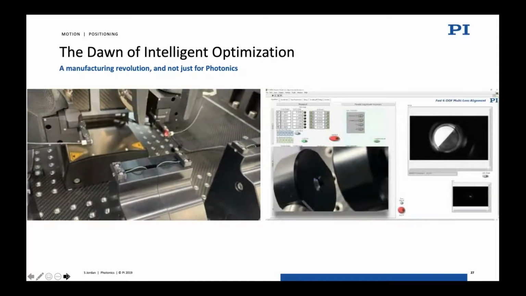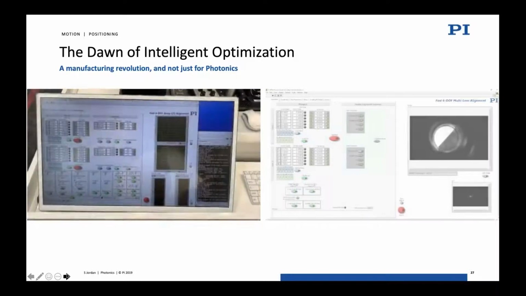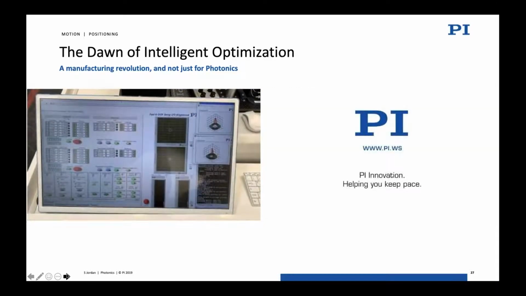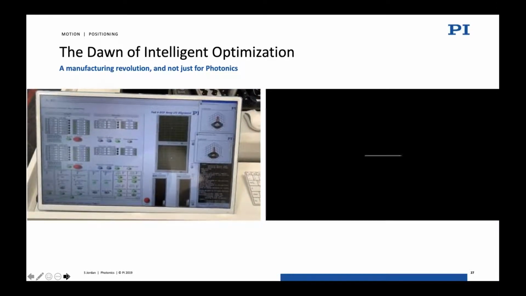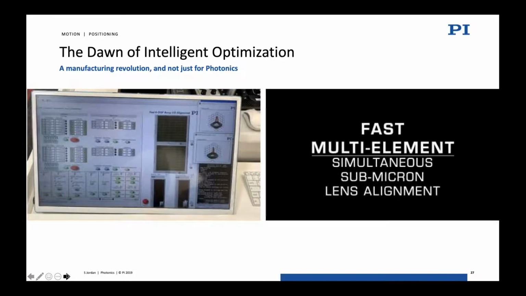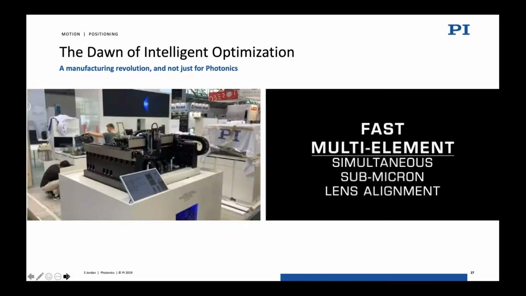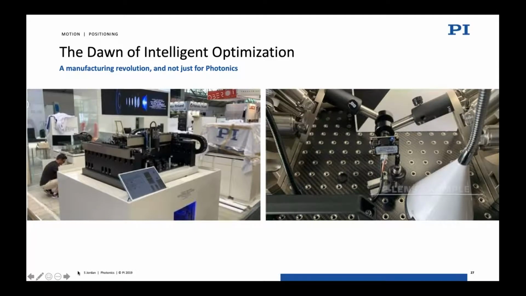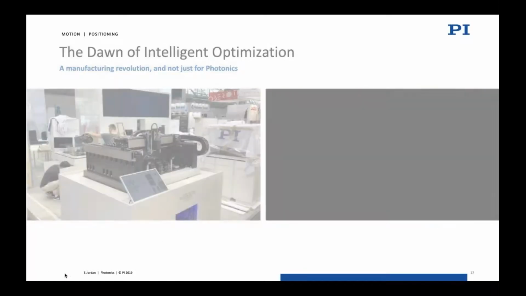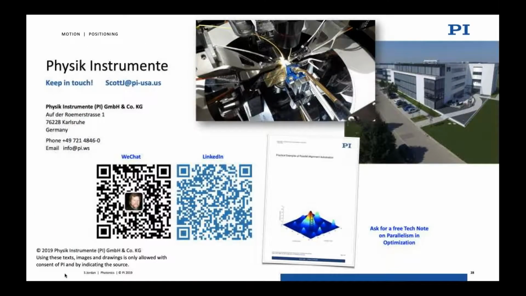So doing all that, and we're done. So less than a second to perform a multiple degree of freedom alignment of, in this case, 2 lenses, but could be any number.